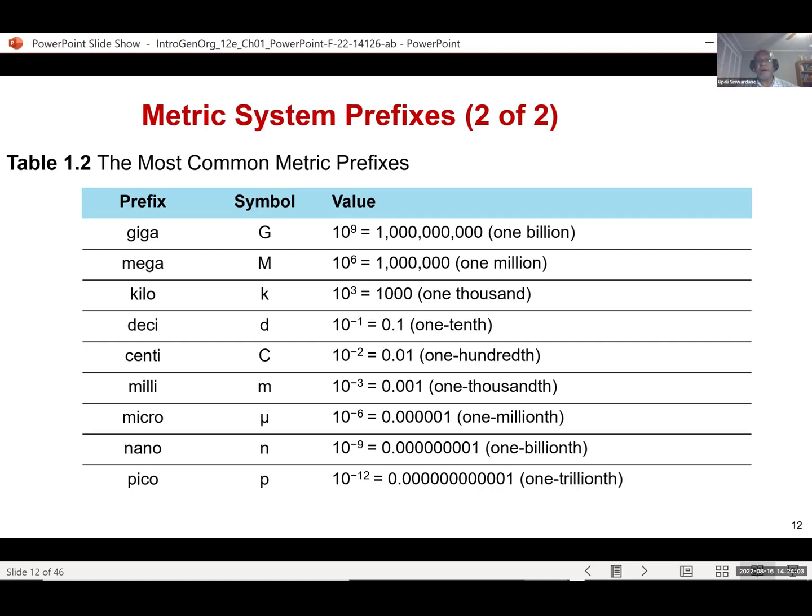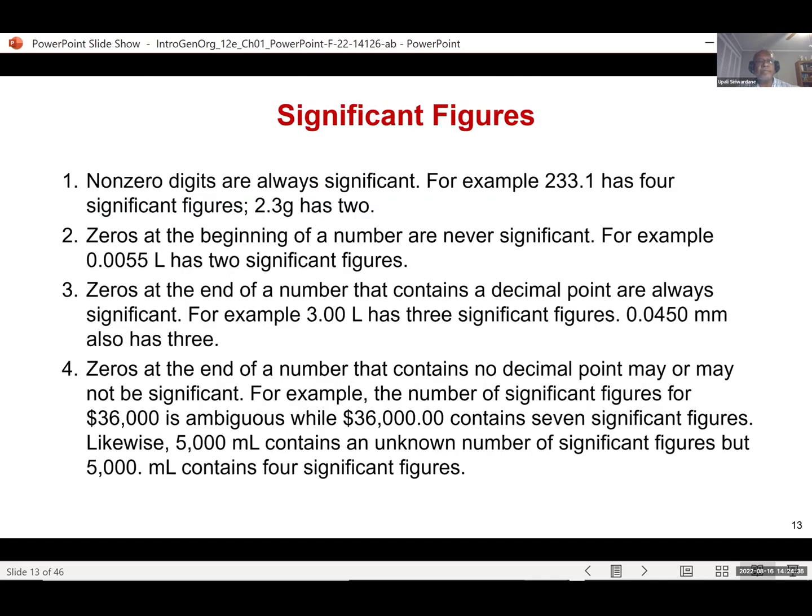That means 1,000. 1 kilometer is 1,000 meters. How many of you are athletes here? What is 1 mile in kilometers? It's roughly about 1,500 meters. When you run 1,500 meters, it's close to 1 mile. Okay, just study this table when you have problems converting unit prefixes.